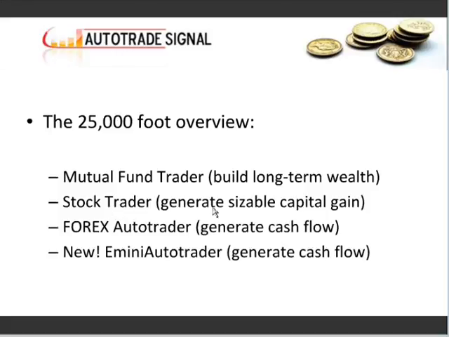We also generate sizable gains through what I call medium-term investments. We'll hold these stock trades anywhere from 2 weeks to 6 months, in the case of some of the Google trades that we made last year. And then we generate cash flow using the foreign exchange auto trading model, as well as the new E-mini auto trader that we just finished developing.